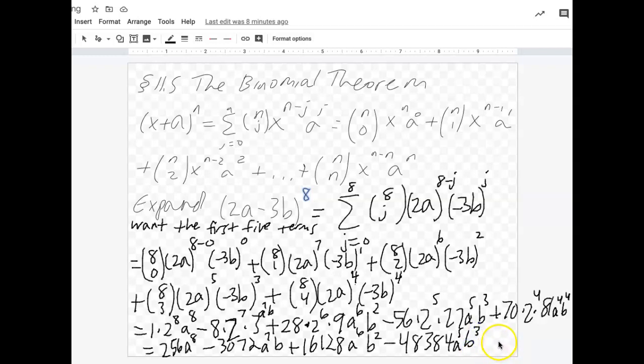And we'll have 70 times 81 times 2 to the 4th, which is plus 90,720, a to the 4th, b to the 4th. Whew. And so this is the answer to this problem. It's pretty tedious, so just take your time, and we'll look at a couple more problems.